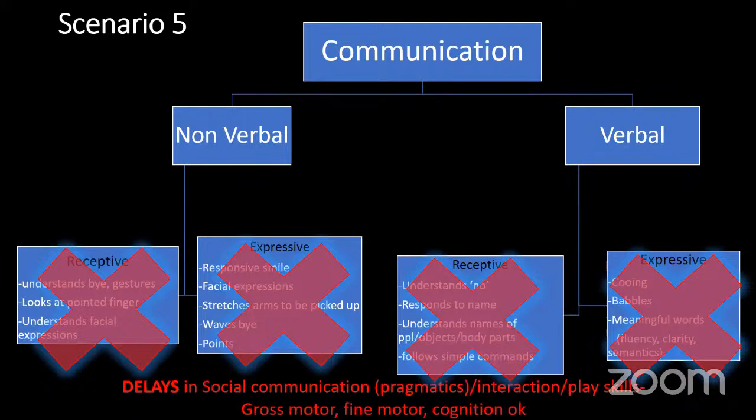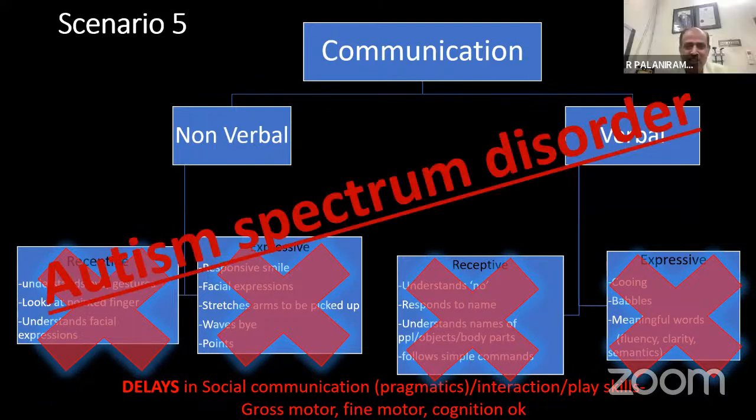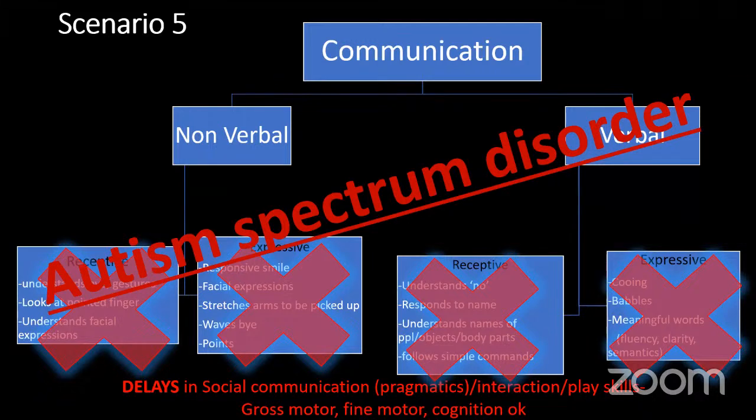Delays in social communication, interaction, play, gross motor, fine motor, cognition. Autism spectrum disorder. Yes. Let us be very clear that there can be a mixture as well. You might have autism spectrum with global delay, or autism spectrum with apraxia as well. But I have put this so that it is a quick assessment in those few minutes of OPD that you have.